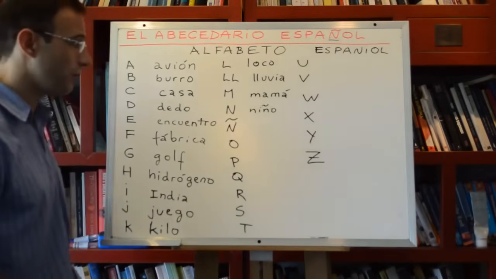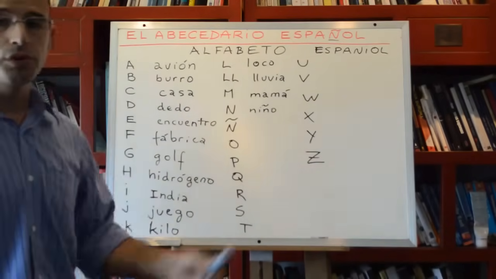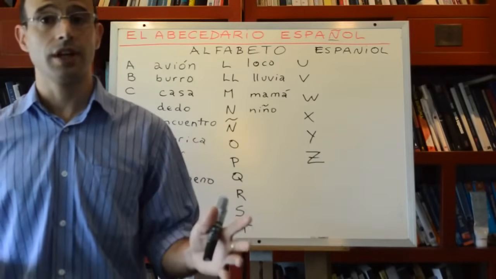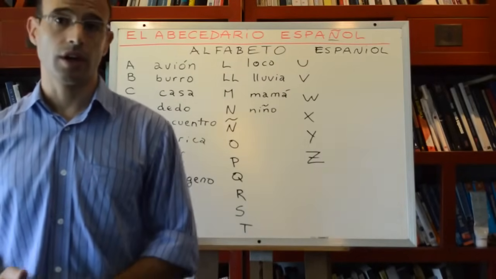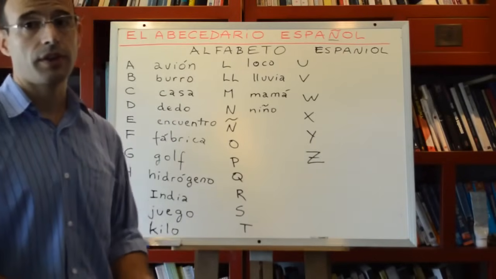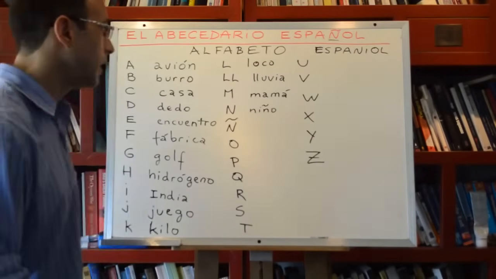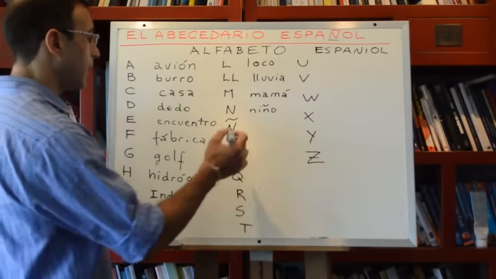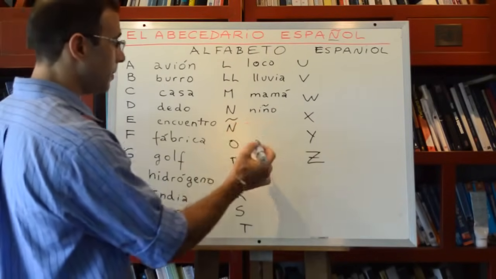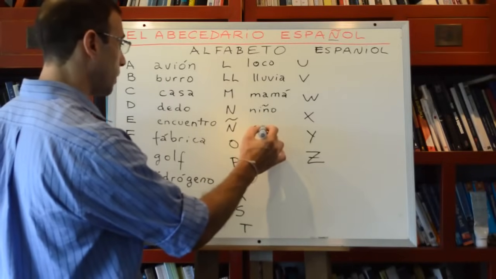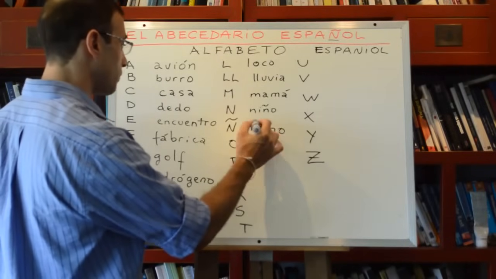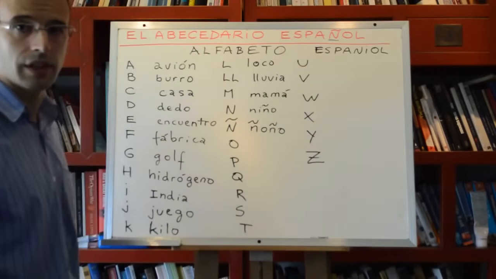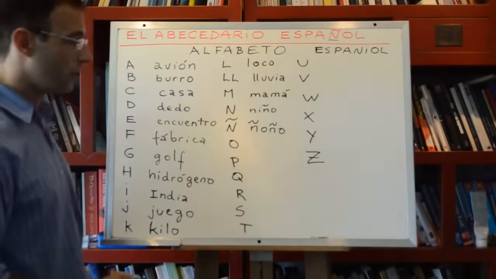But niño also works for child. So child is the generic way for addressing either a boy or a girl. With ñ, the only word I come up with now is ñoño. Ñoño means silly, or not very smart.